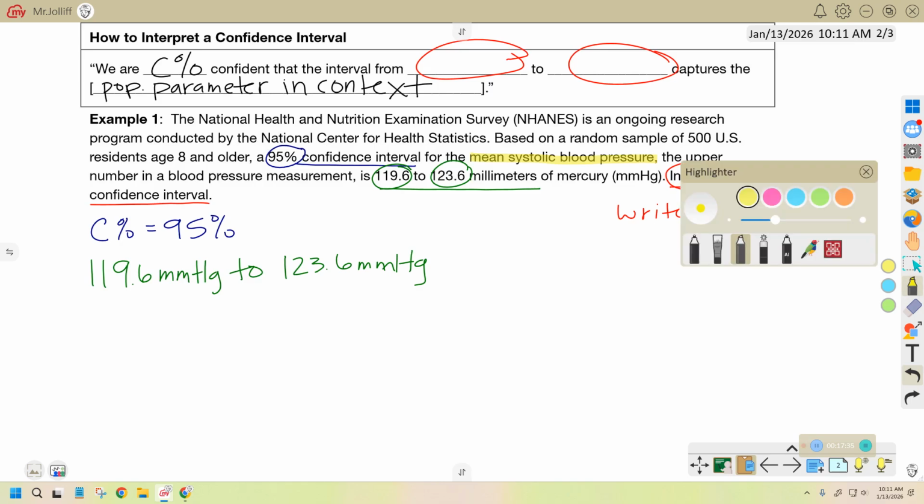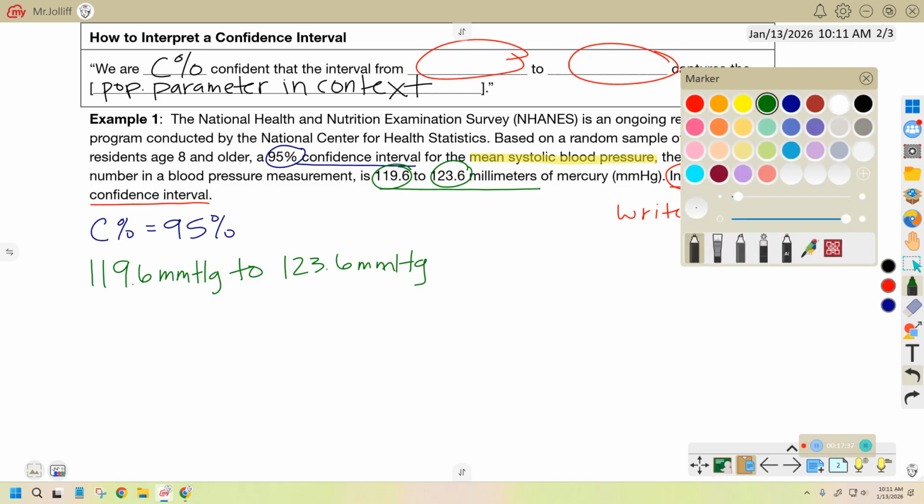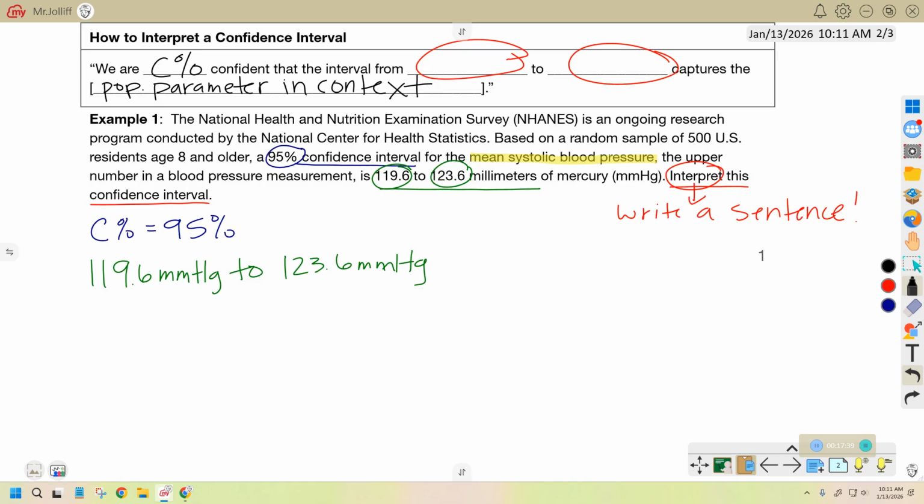And now that I have those pieces, all I have to do is plug them into my sentence. And I have it right there, right? I'm just going to copy and fill in the blanks as I go. So my sentence is, we are, and then I'm going to grab my confidence level, 95%. And then I'm going to keep copying the sentence frame.